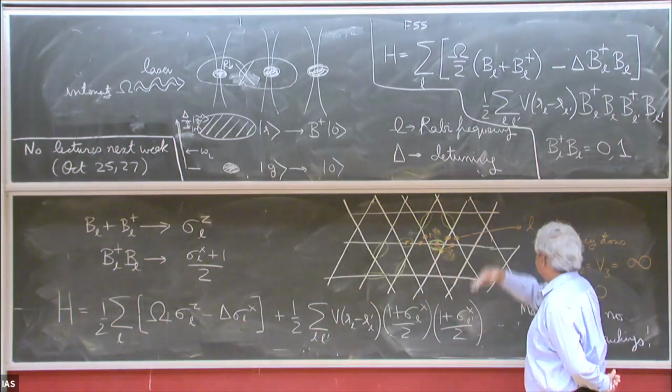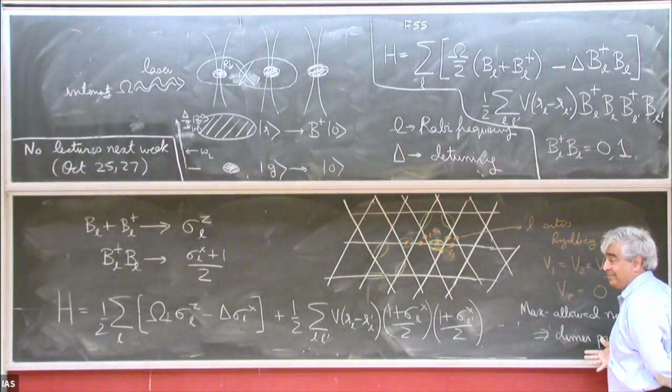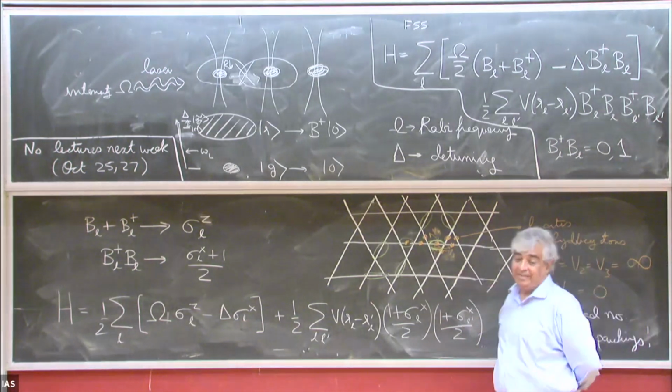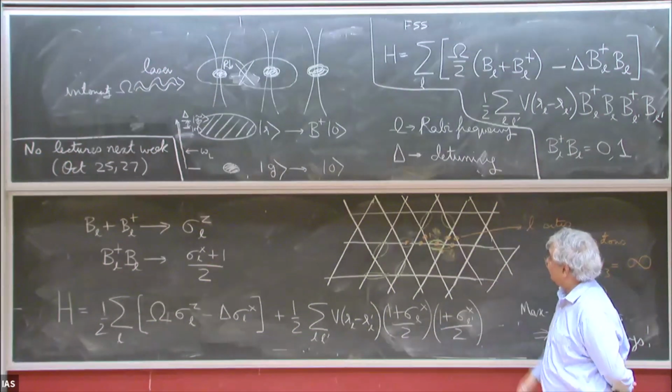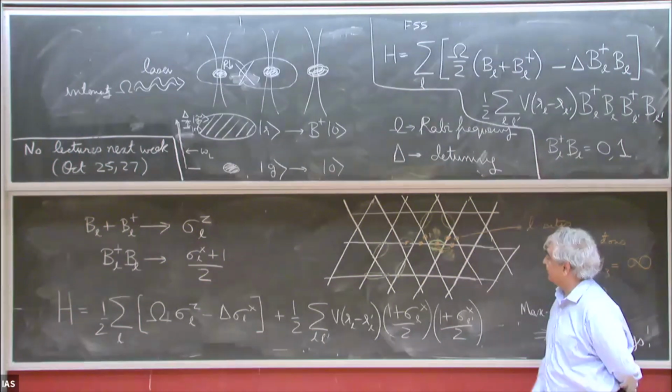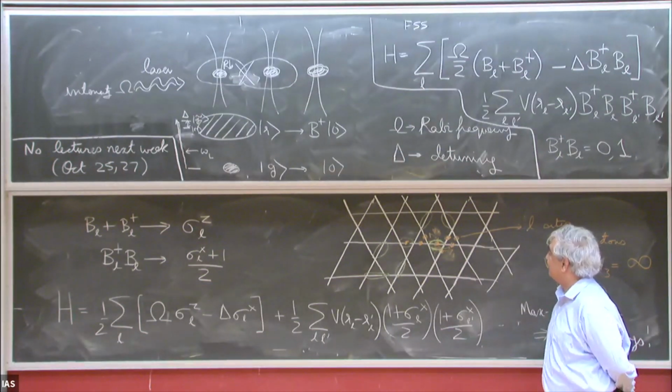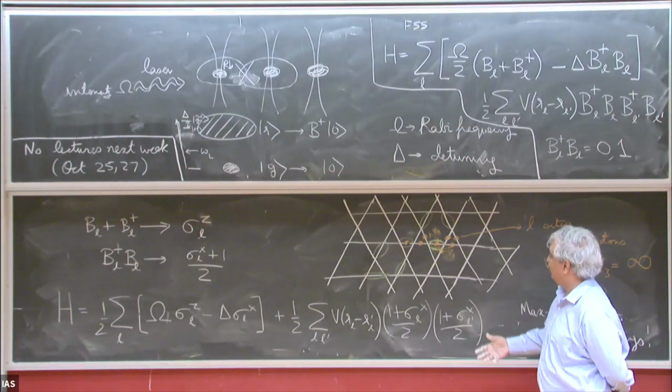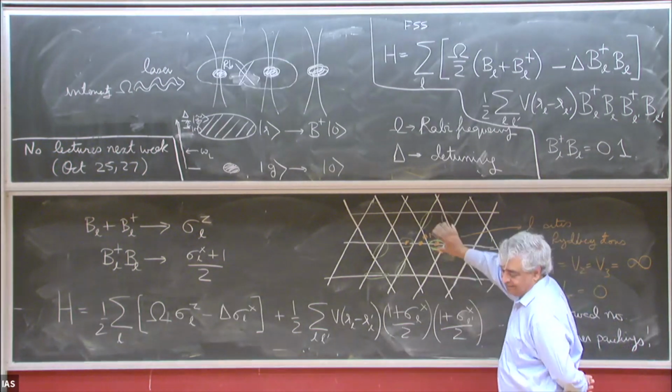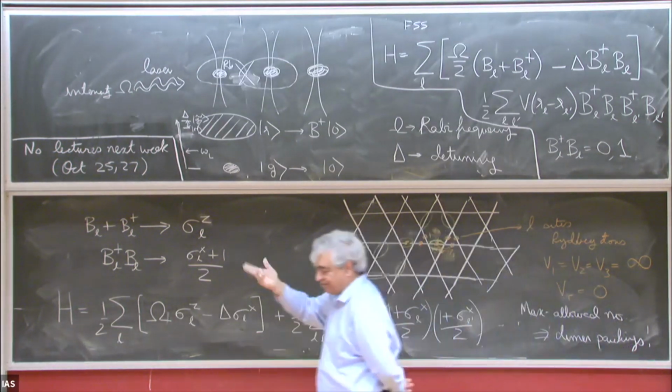So it's going to take us out of the dimer subspace. So we now have to do degenerate perturbation theory. This is the hard part here. You have to look for the allowed moves, and you get a whole bunch of allowed moves involving the usual RVB picture of resonating dimers.